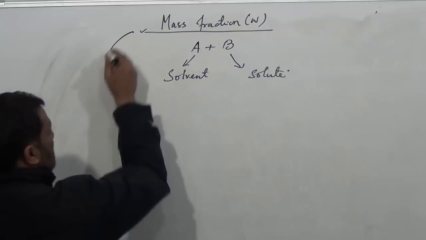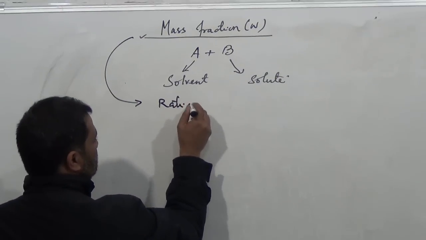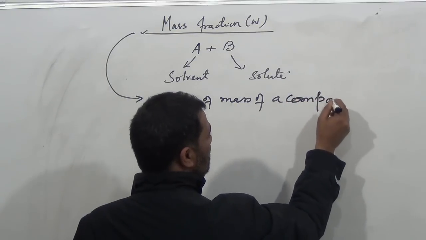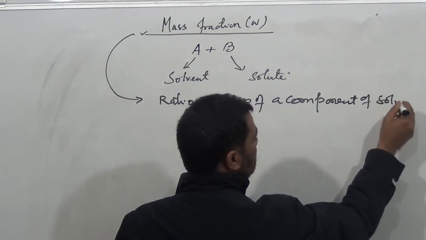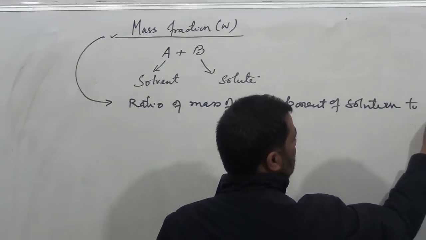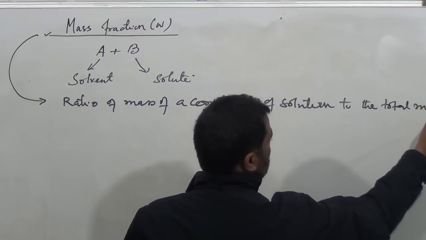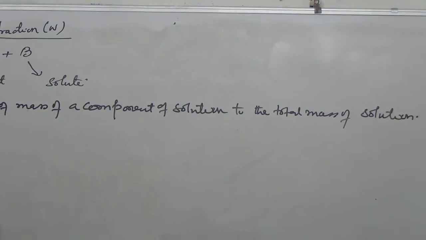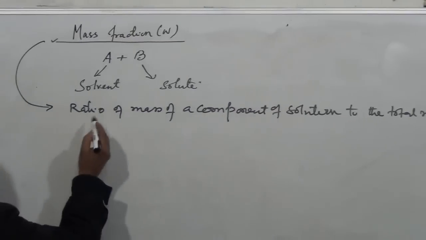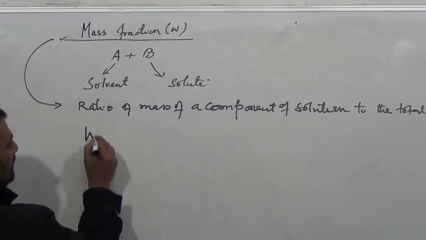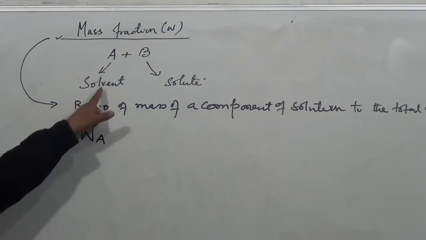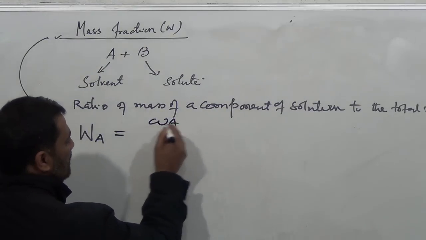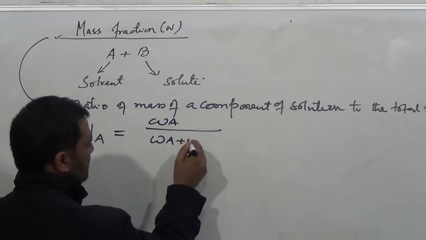Mass fraction is a ratio of the mass of a component of solution to the total mass of solution, that is mass of component A and mass of component B. So WA, that is mass fraction of solvent, is equal to mass of solvent divided by total mass of solution, that is WA plus WB.